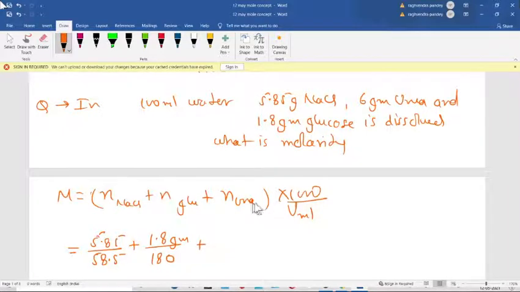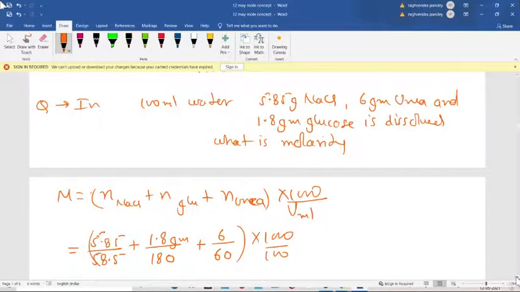Then urea: 6 gram is given, and molecular weight of urea is 60. So moles of NaCl is this, moles of glucose is this, moles of urea is this, into 1000. Now the volume given is 100 ml.